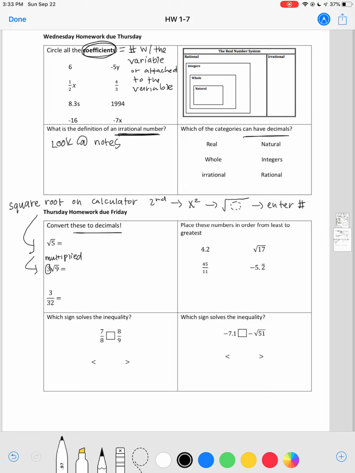And here again we have numbers in order from least to greatest. If this is 0, less to greater. So make sure we can turn these into decimals.